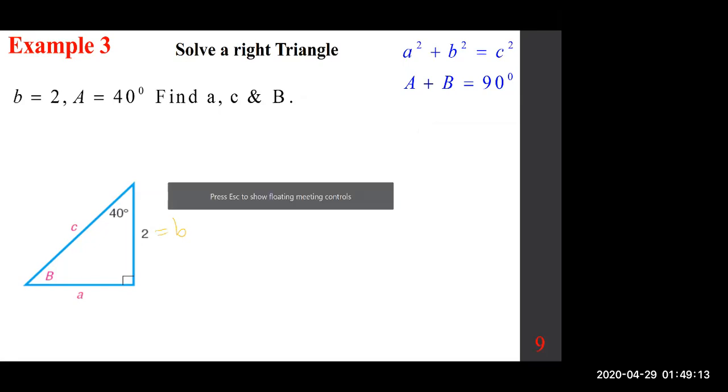Okay. First and foremost, what is the fastest and easiest missing element we can find? Fastest. Anyone? B. B. That's it.